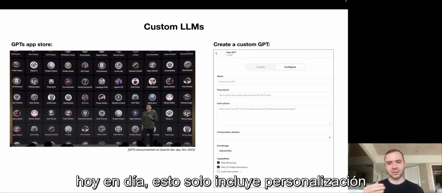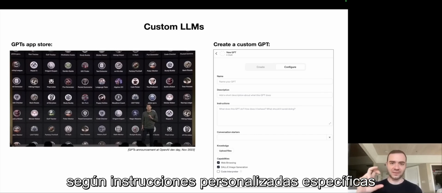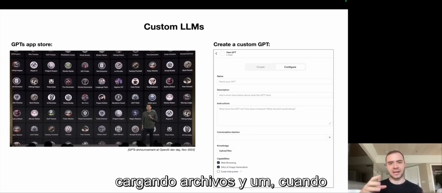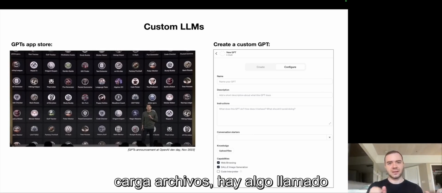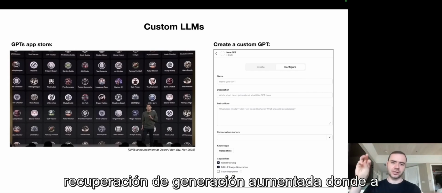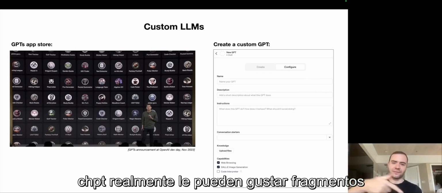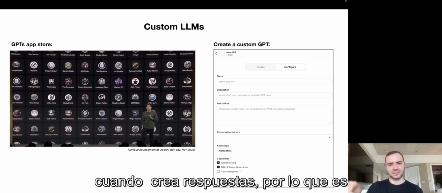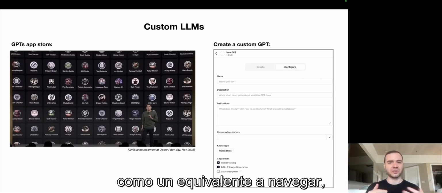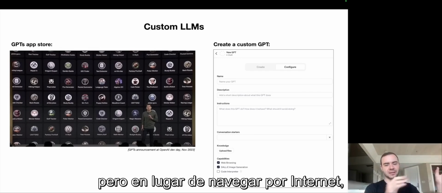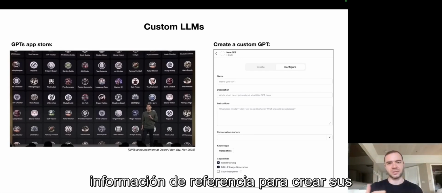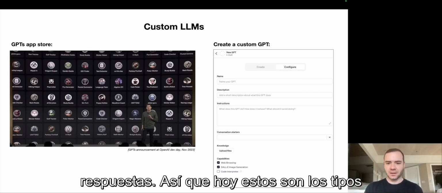And today, this only includes customization along the lines of specific custom instructions, or also you can add knowledge by uploading files. And when you upload files, there's something called retrieval augmented generation, where ChatGPT can reference chunks of that text in those files and use that when it creates responses. So it's kind of like an equivalent of browsing, but instead of browsing the internet, ChatGPT can browse the files that you upload, and it can use them as reference information for creating its answers.